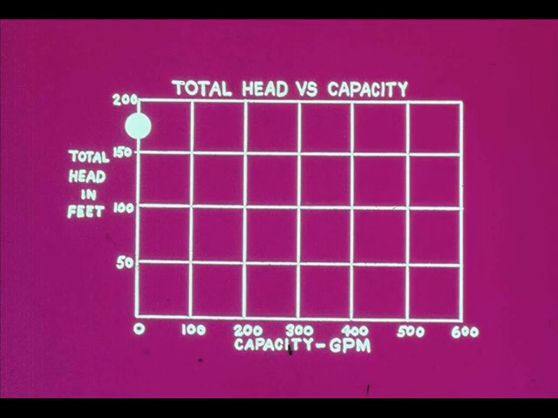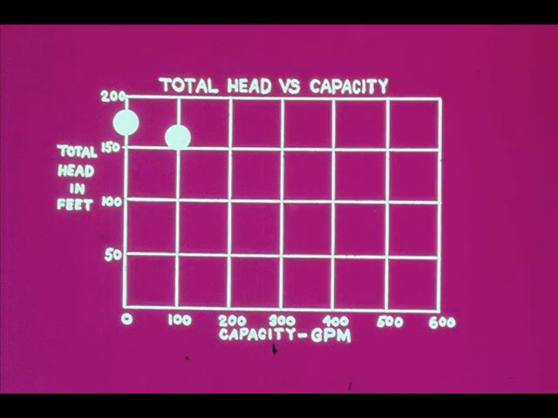The amount of total head a pump produces will be different for different capacities. This pump produces 175 feet of total head at 0 gallons per minute. These data are represented by this large dot. At 100 gallons per minute, the pump produces 165 feet of total head.